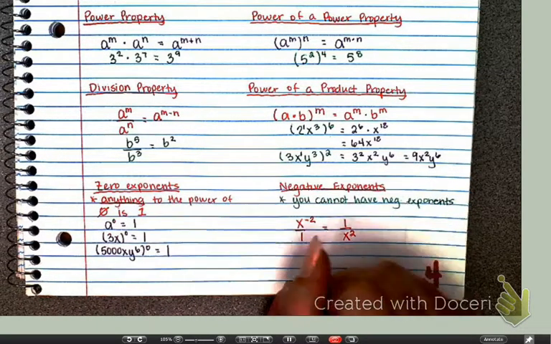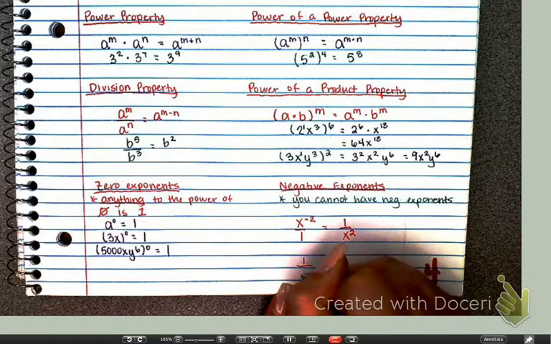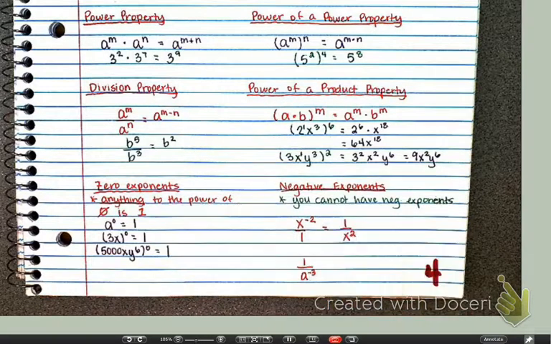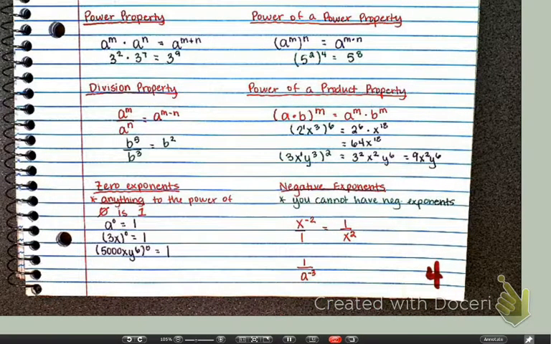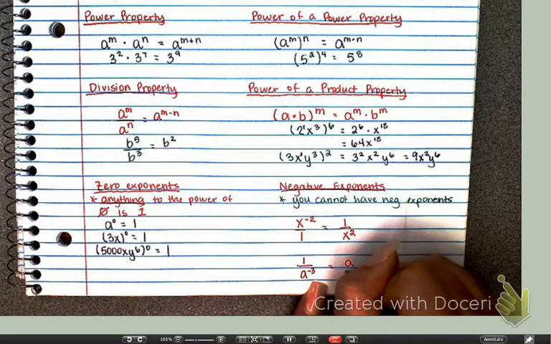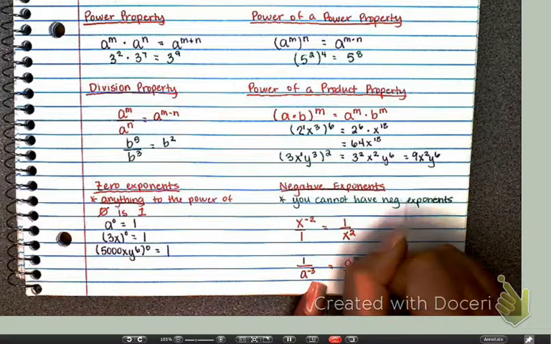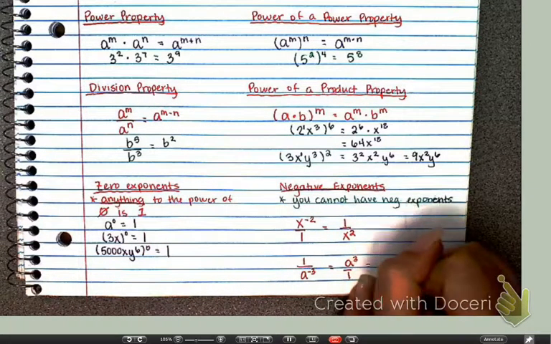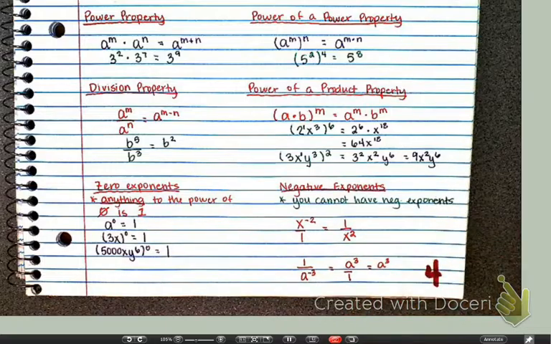Okay. If it's in the denominator, so for instance, if you have 1 over a to the negative 3rd, again, you apply the reciprocal, and it becomes a over 1, and the 3 stays with the a, or you can just write it as a to the 3rd.